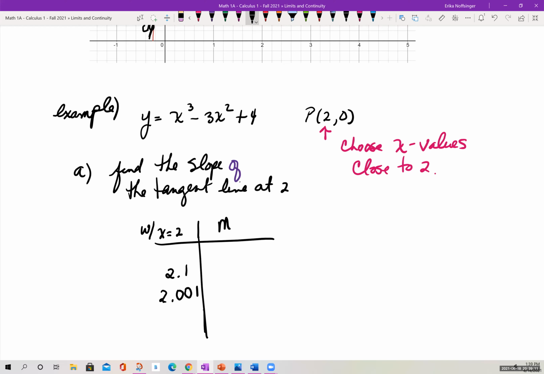Another number that's close to 2? Well, 1.9 is close to 2, isn't it? And 1.99999 is close to 2. So let's figure out what the slope is between the point (2, 0) and these x values here.